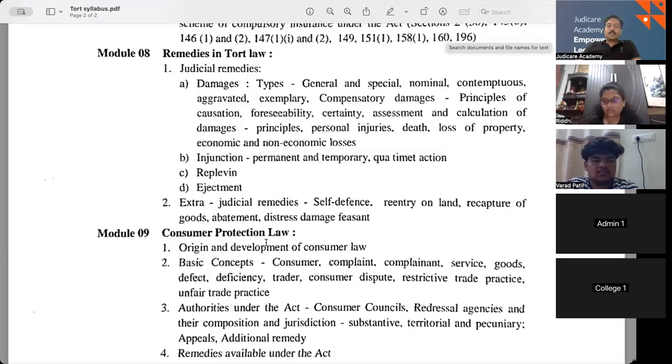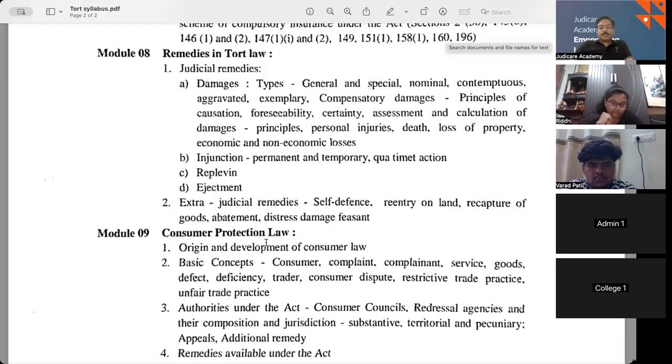So it's a permanent injunction where they say you are not authorized to use the characters of Warner Brothers business. They were not allowed to do so. So this is about injunctions: permanent, temporary, and quia timet action.